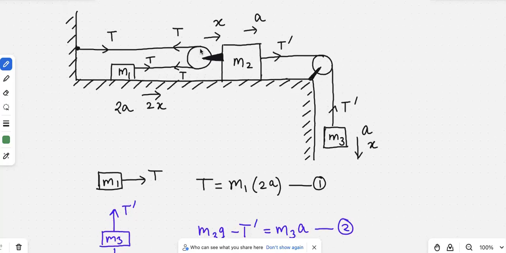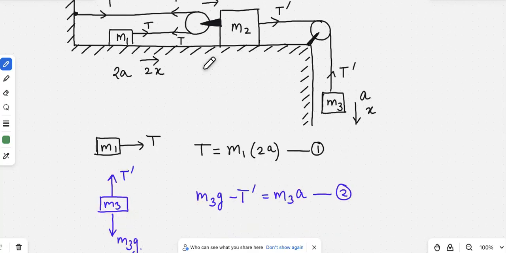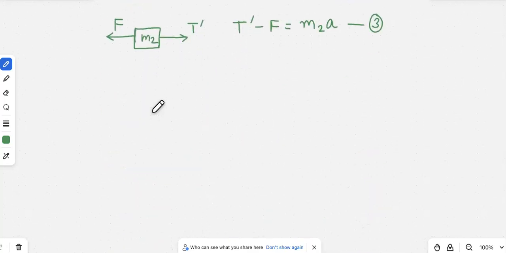Now you look at this movable pulley over here. Now if M2 is being pulled by F force, this pulley will also be pulled by F force because of Newton's third law. So the pulley will be looking like this, the free body diagram of the pulley. These two are T, okay, and there is F force over here.